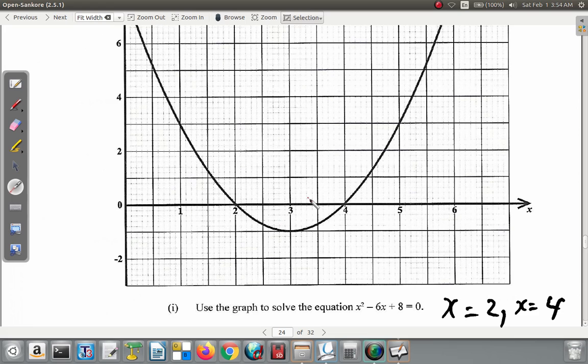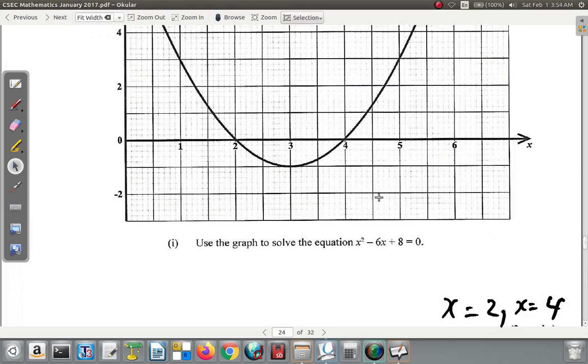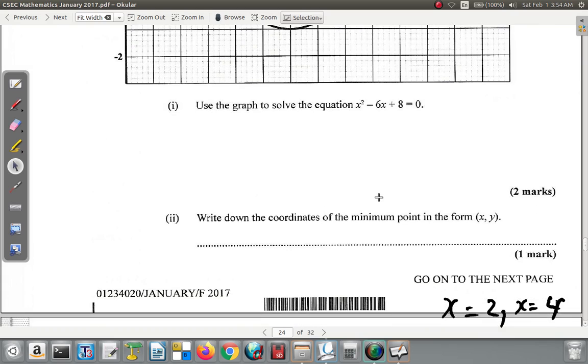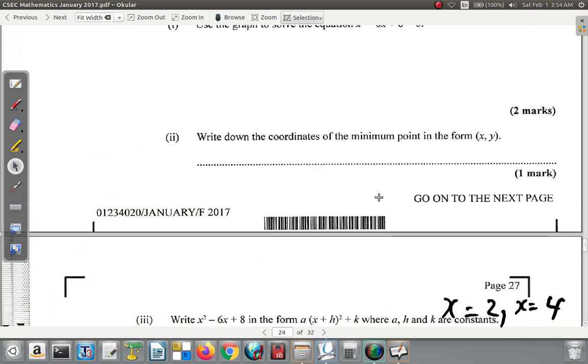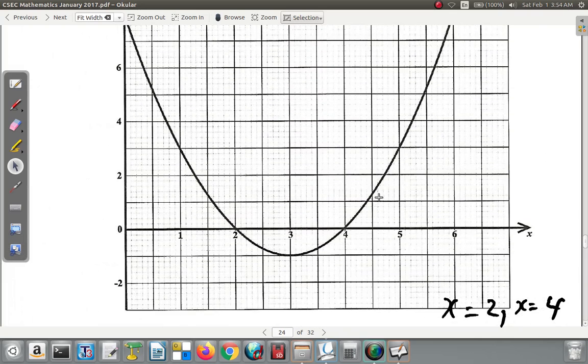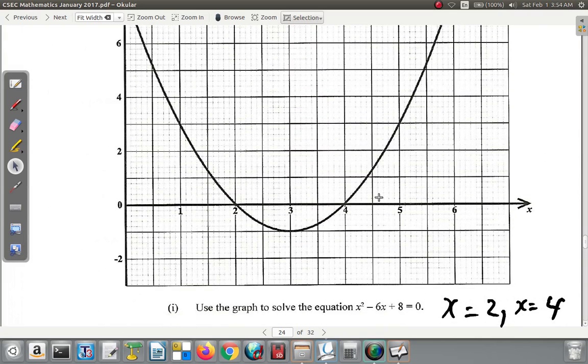now what else does it say? What else does the graph say? Write down the coordinates of the midpoint in the form (x, y). The coordinates of the midpoint, just one mark. So it seems as if what you're going to do is look at the graph and write it down.